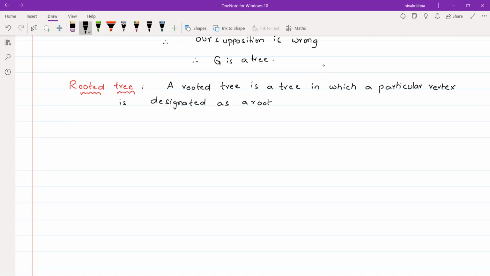Okay, so a rooted tree is nothing but, in that particular tree, we have to consider a particular vertex as a root. Okay, so for understanding I am giving you one example.